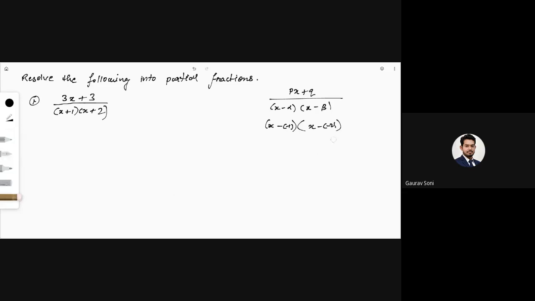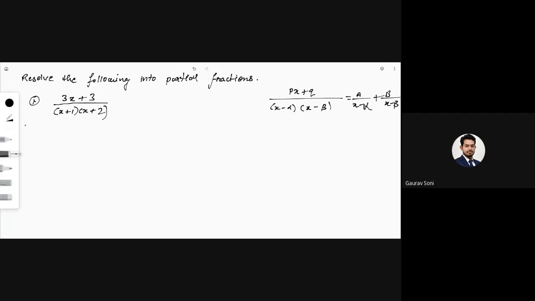In the first form, it said this can be written as a upon x minus alpha plus b upon x minus beta. This is how I can write this.